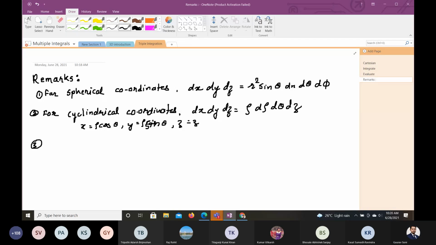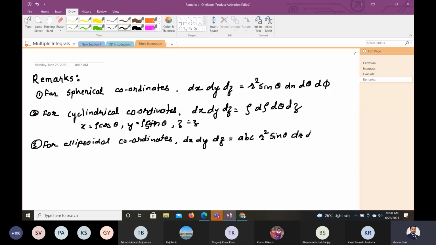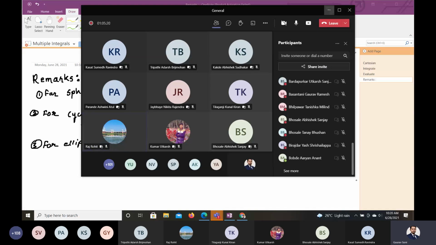So for ellipsoidal coordinates, dx dy dz is replaced by a b c r square sine theta dr d theta d phi. So these are the replacements depending on the coordinates that you are using. So here I'll stop. If you have any difficulties, please ask.